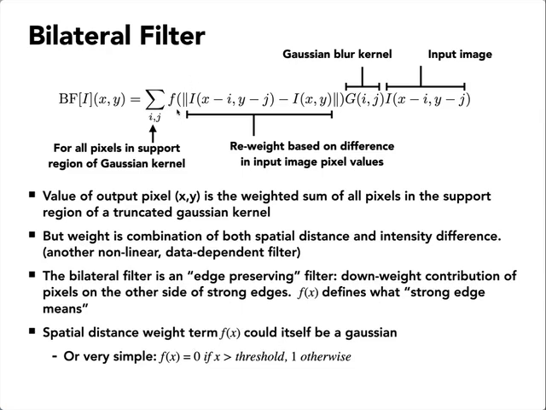That's what I mentioned already in this example. But it could be other simpler functions too. For example, it could be a very simple threshold. It could be F of X is equal to 0 if X is greater than some threshold. So that would say that F of X just becomes 0, will downweight it completely, if the intensity difference exceeds a certain amount.